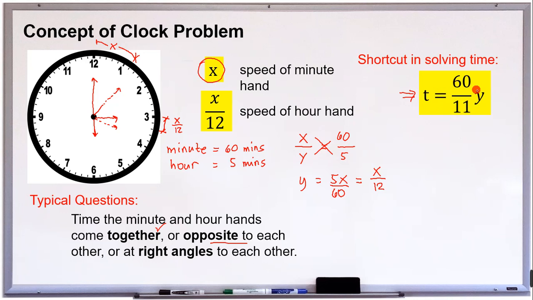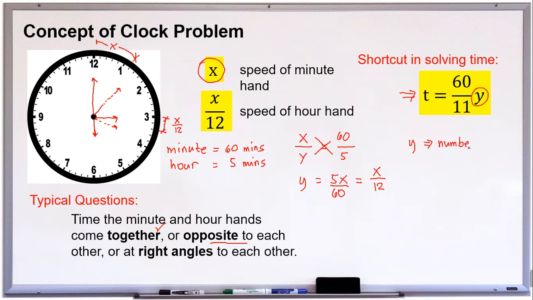What is the meaning of the variable y here? The variable y is the number that comes before the minute hand.